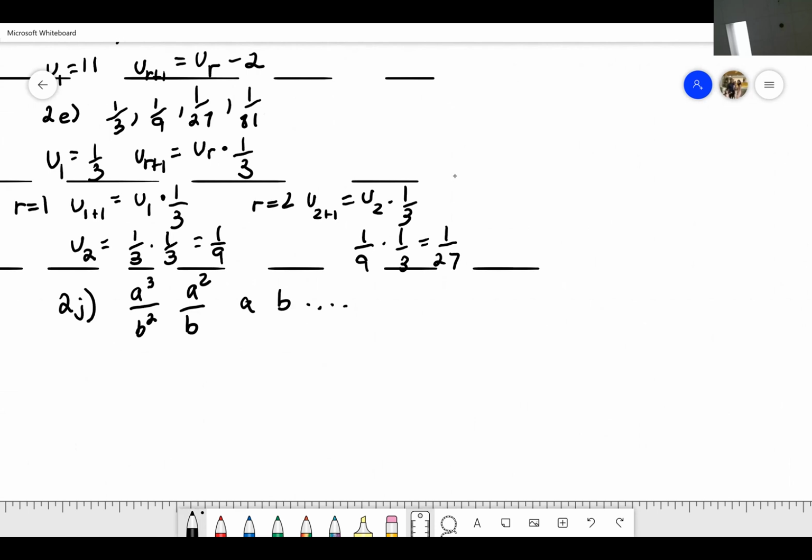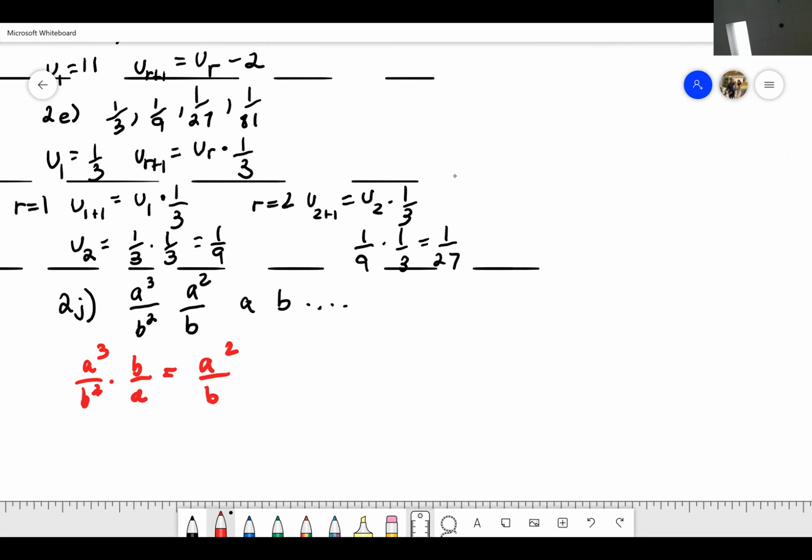So, all right, let's take a look at what happened between the first term and the second term. It looks like to me that I multiply by b over a. So if you take a to the third over b squared and you multiply by b over a, you end up with a to the second over b, because one of these b's cancels out that b.